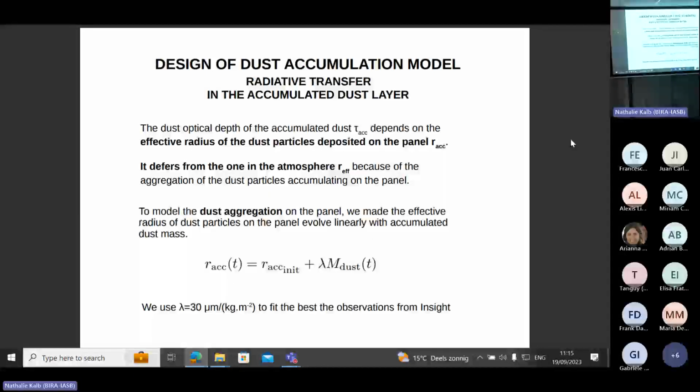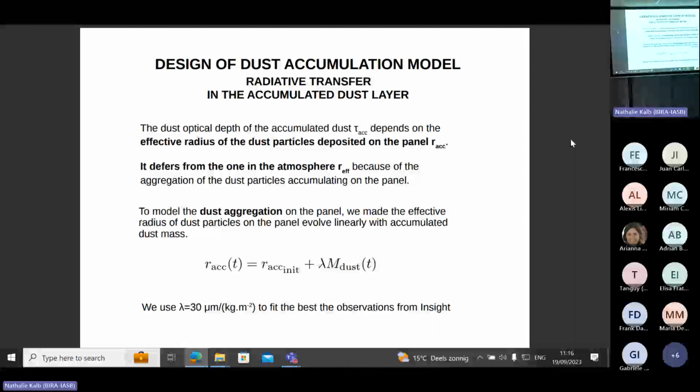And actually, this radius is not really the same as the one of the particles in the atmosphere, because of the aggregation of the particles once they are deposited on the panel. And so the radius of the particles in the atmosphere will not be the same as the radius of the accumulated dust particles.